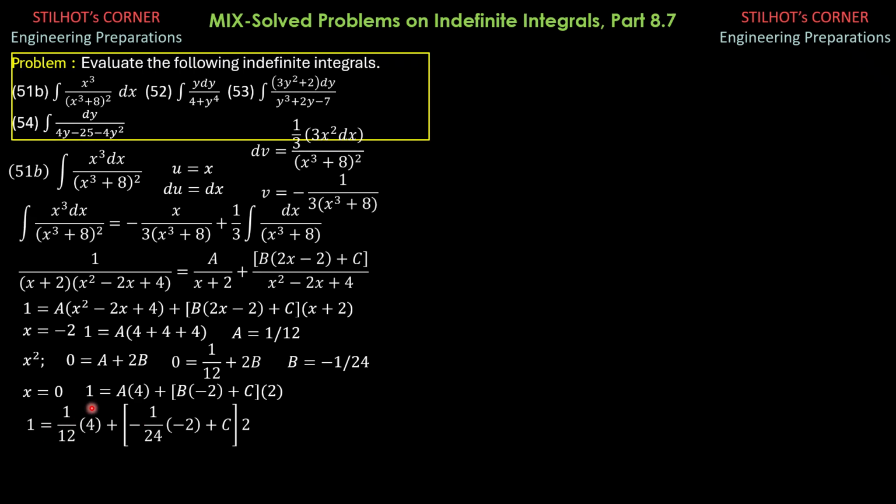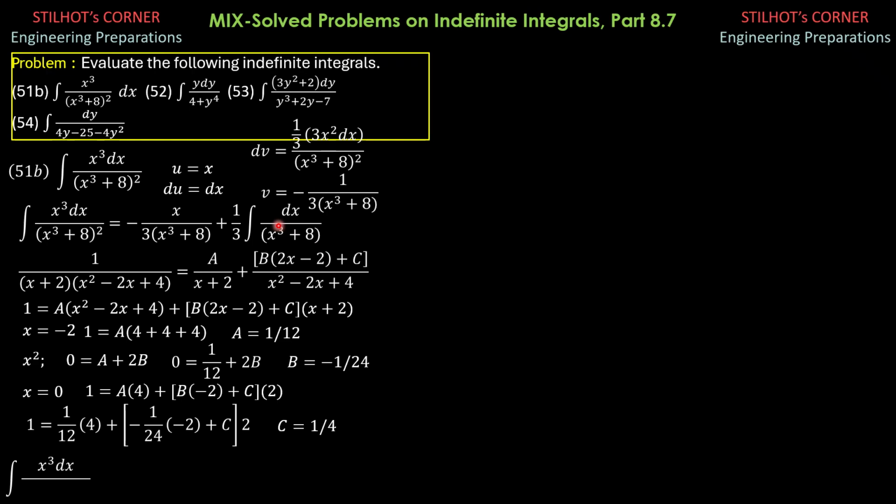So 1 minus 4 over 12, 1 minus 1/3 is 2/3, divided by 2 is 1/3, then minus 1/12, C is 1/4. Substitute into this integral.